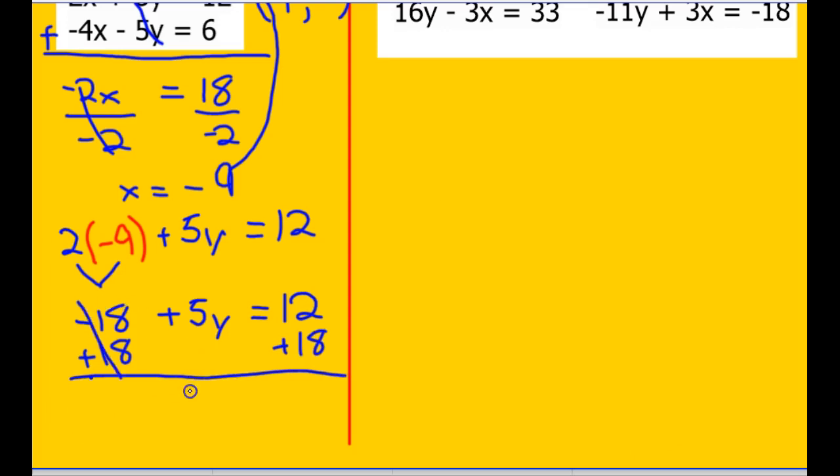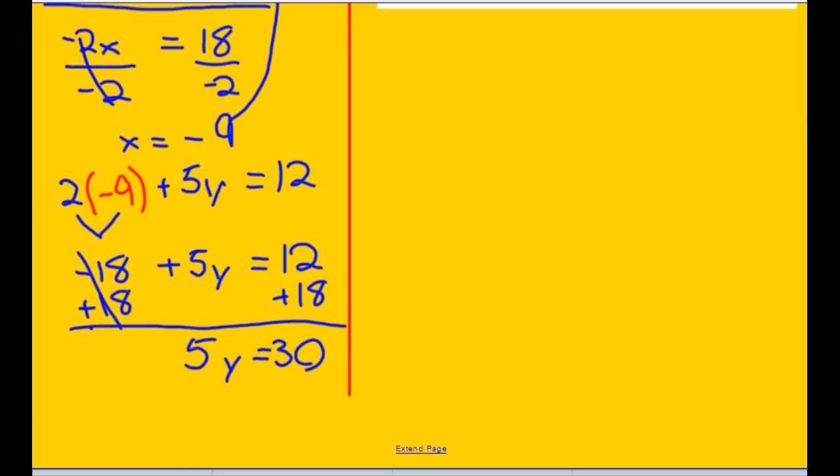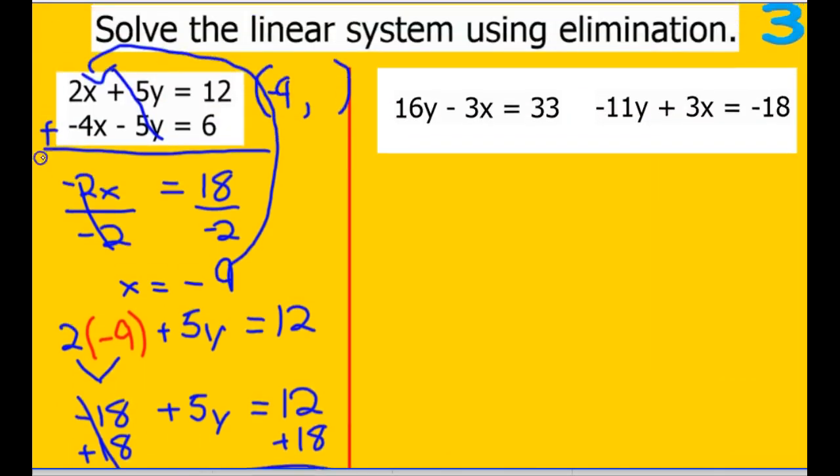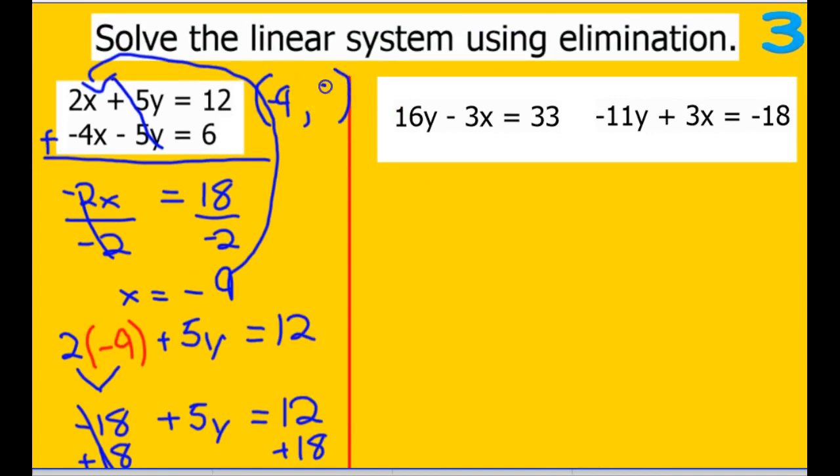That gives us 0, and we get 5y equals 30. Now to get y by itself, we divide by 5. And we get y equals 30 divided by 5, which is 6. So our answer comes out to be negative 9, 6.